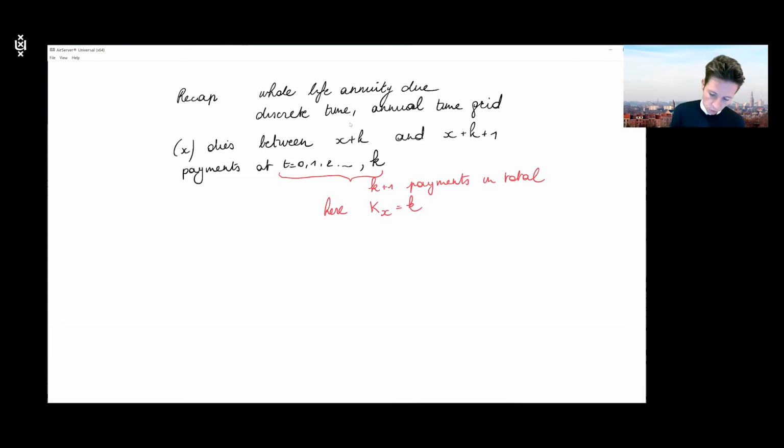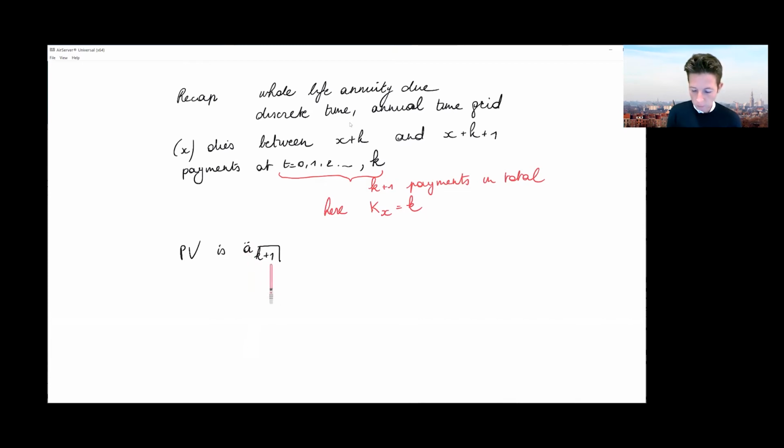So if I'm asked here to write down the present value of my cash flow stream, the present value here can be written as a double dot with duration k plus 1. So what does this mean? This is the notation that we introduced for an annuity certain. An annuity certain that pays at the beginning of the year, right?